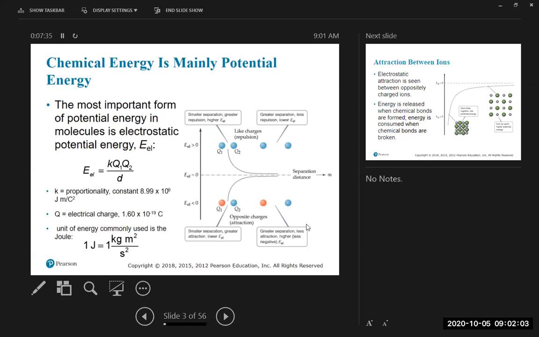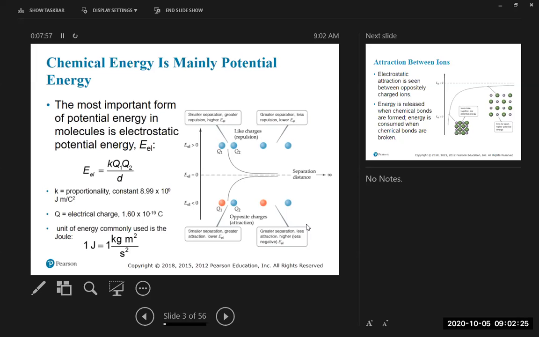And so what we see is on top, greater separation then, of course, has less repulsion. And this just translates to a lower electrostatic potential energy. The potential for problems are less when you're far apart. Potential for problem more when you're close together.